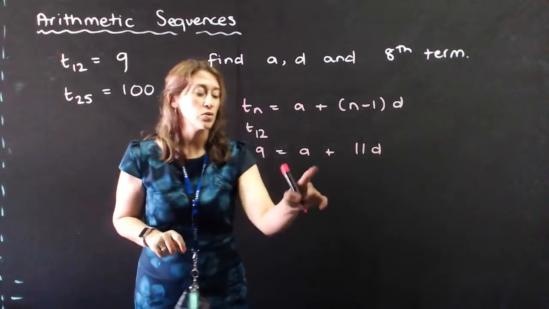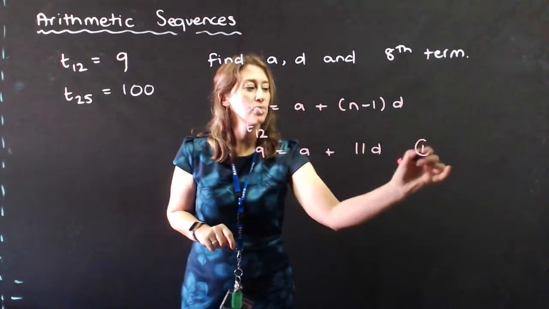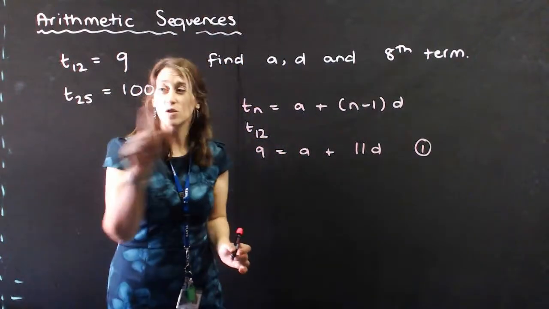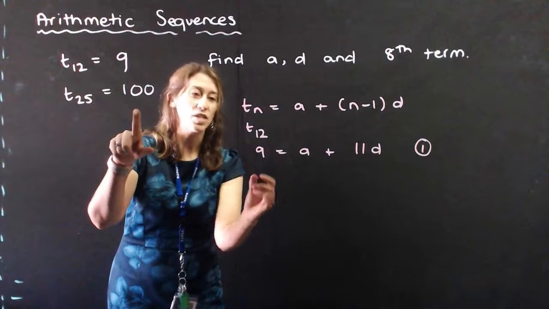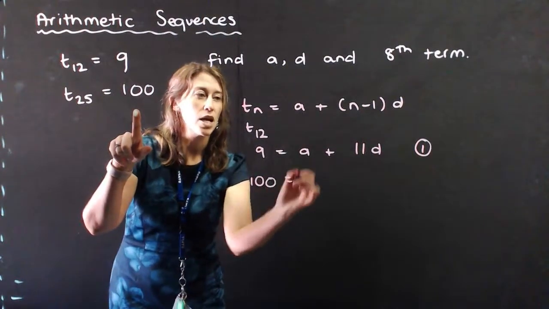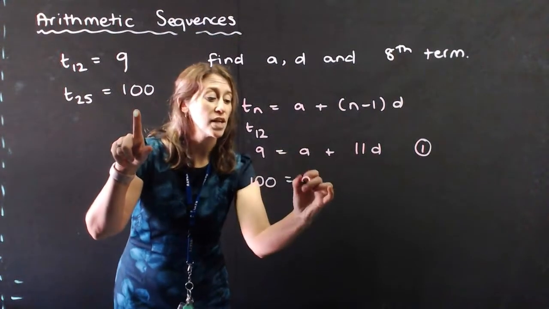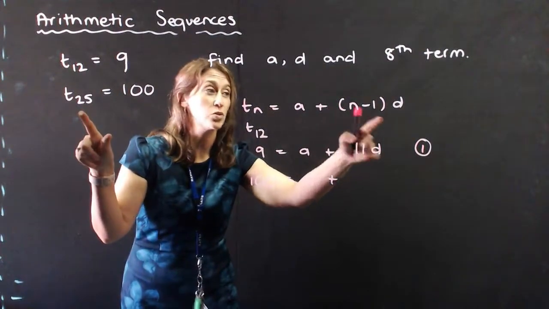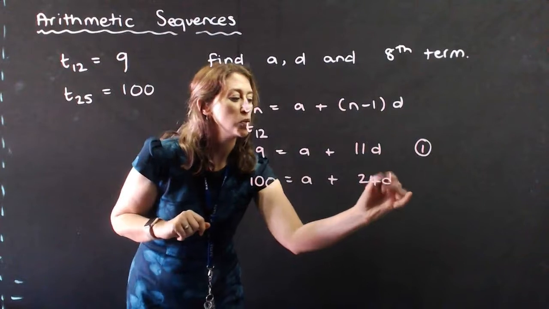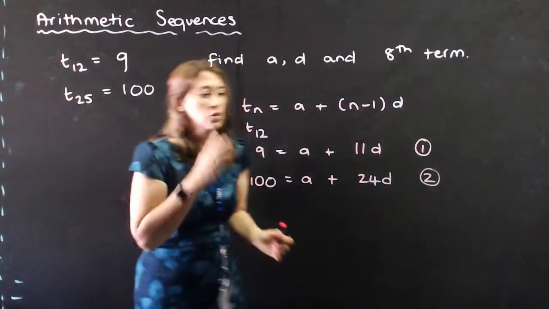So I get 9 equals A plus 11D. Now we'll call that the first equation. Now let's look at the second piece of information we've got, which is T25. Well, T25 is 100. So if I sub that in, I've got 100 equals A plus, well, it's the 25th term, 25 minus 1 is 24, 24D, and we call that the second equation.